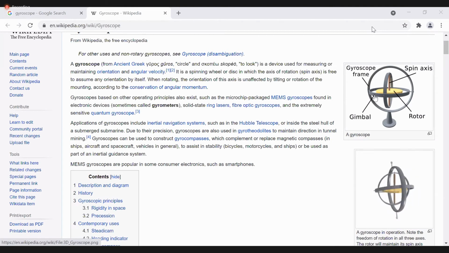This circular shape is called the gimbal, and the outer frame is called the gyroscope frame. So this is called a gyroscope.